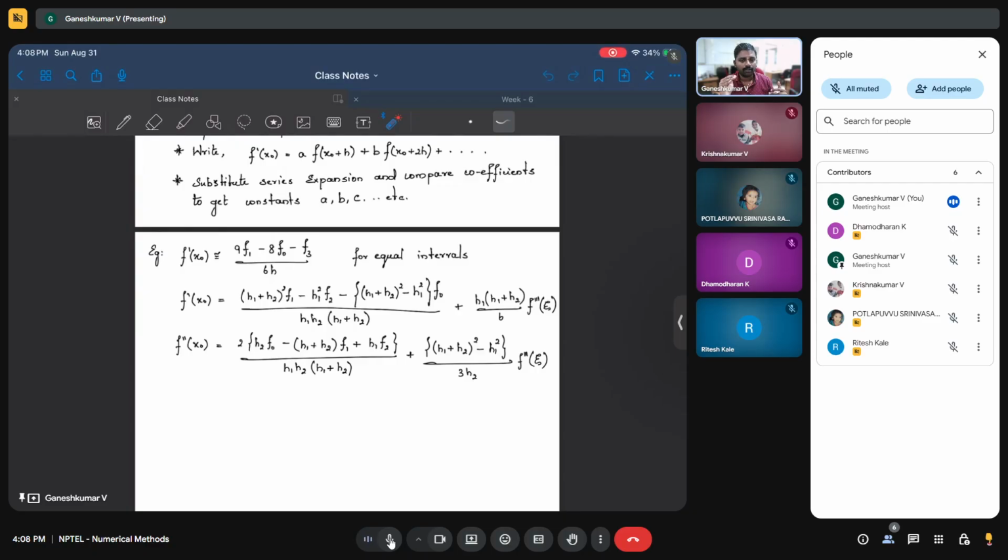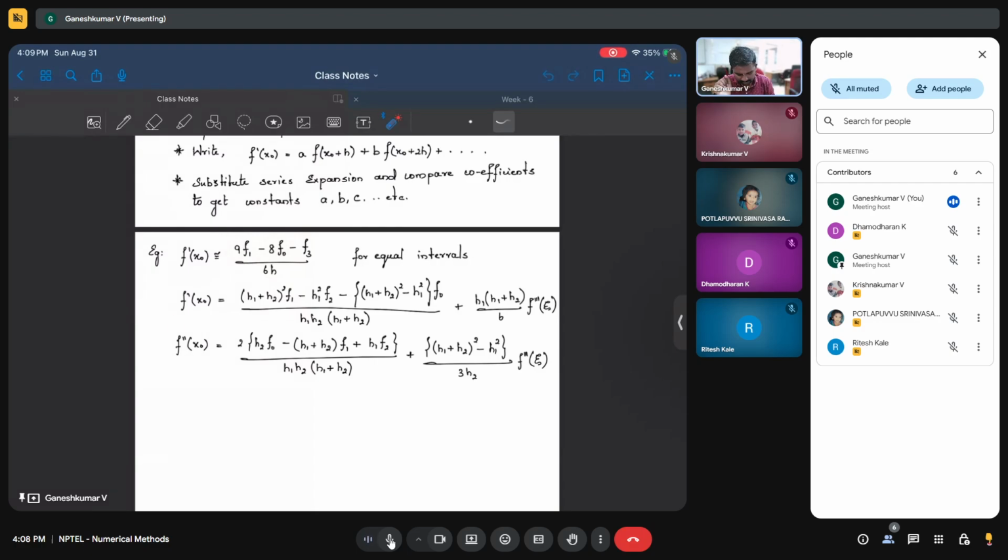Now if you want to construct a polynomial with it and find the derivative, you are going to express this derivative as a function of these three function values. If you write the Taylor series expansion and substitute it in this relation, you can find this: 9, minus 8, minus 1, and 6h, by comparing the coefficients.